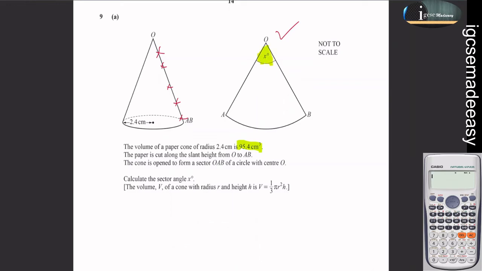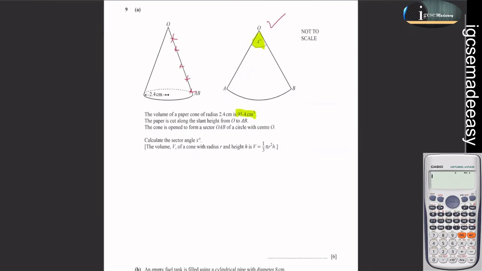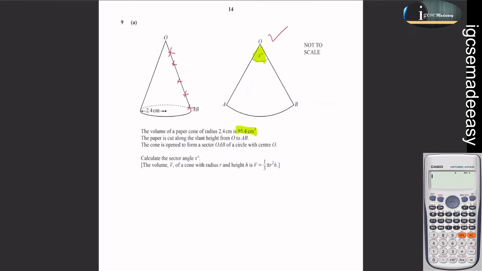So how can I find out this angle? We can use the arc length formula. This is the arc AB, and that is equal to this AB, because when the cone is opened, this AB becomes this AB.